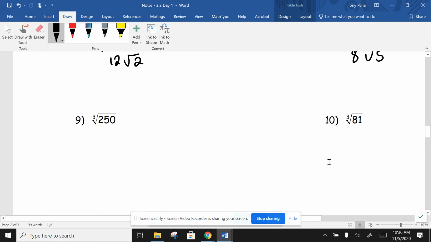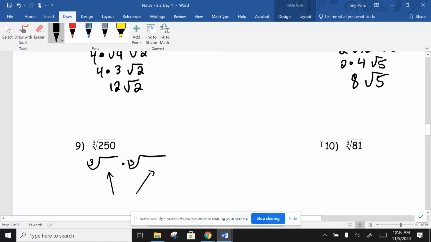All right. So if I go to the cube root of 250, I'm going to, again, multiply 2 of them together. The only real factors we're trying to come up with here are the numbers that are listed in your table as perfect cubes.